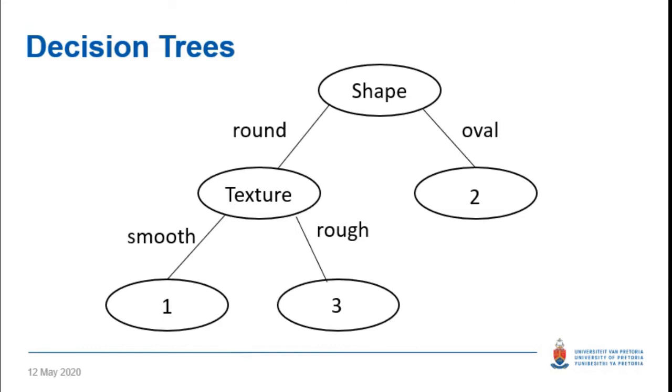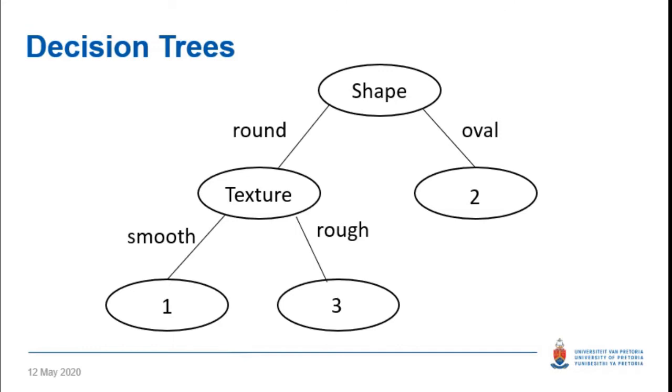Similarly, texture can take 2 values. The texture can either be smooth or rough. You'll notice in this decision tree, color wasn't needed, and it makes sense because all the fruit are of the same color. So if the shape is oval, then it must be 2.